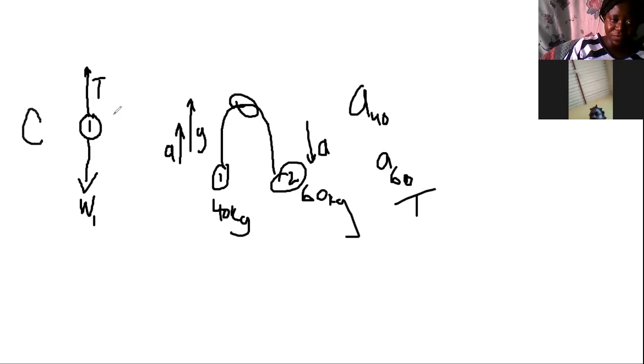The acceleration for this object is going upwards. Then we draw for body 2. For body 2, we have a tension which is directed upwards, always towards the rope, and at the same time we have a force of gravity going down.